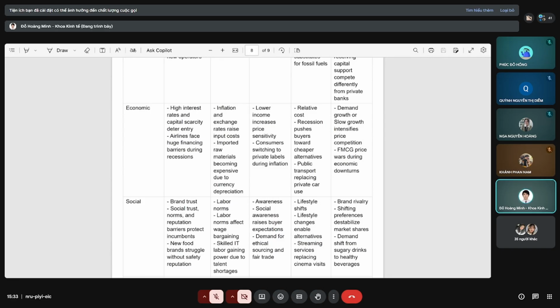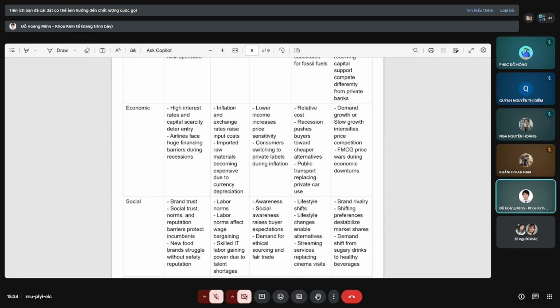They find the private label, the product produced by the supermarket. Or an economic downturn can strengthen the retailer versus the brand.